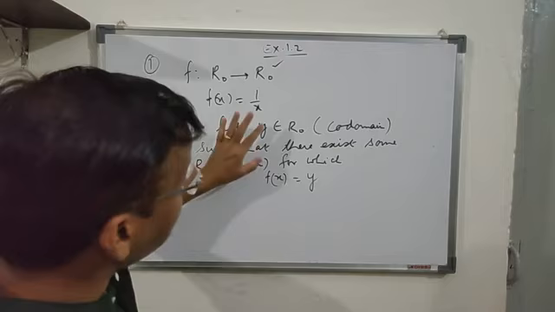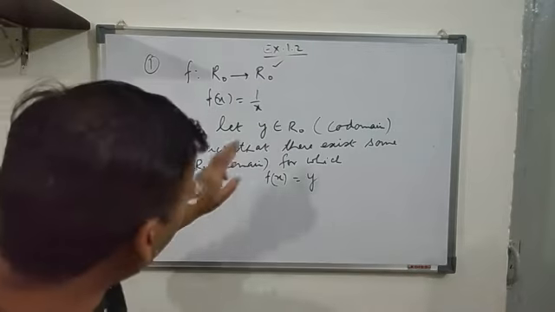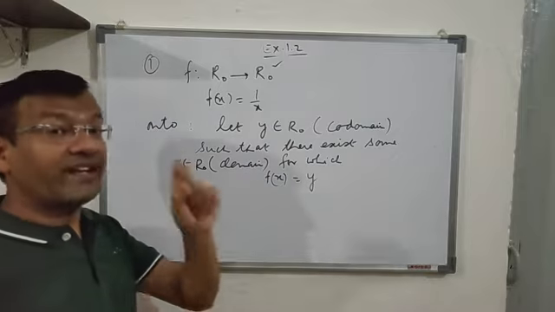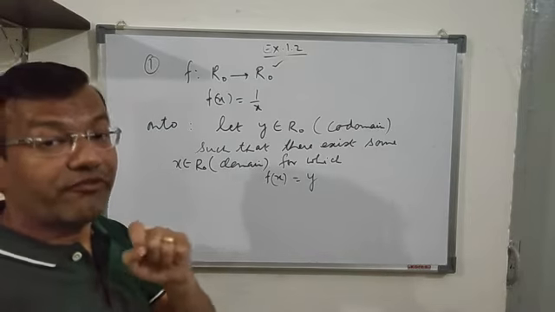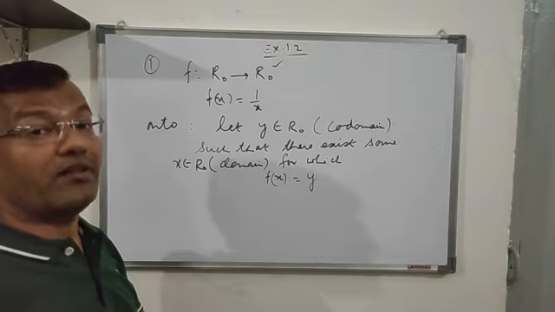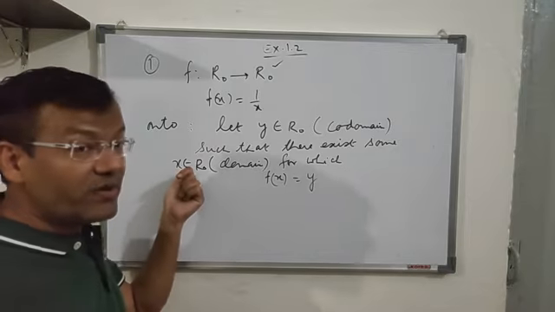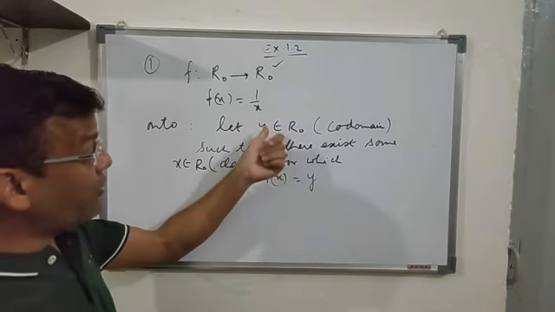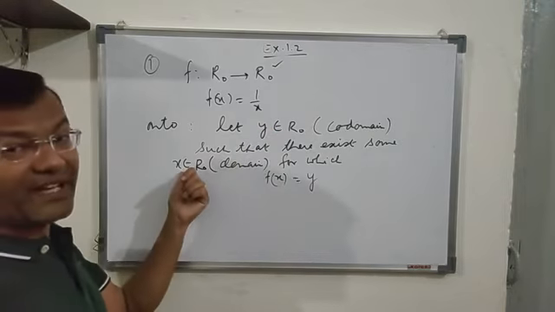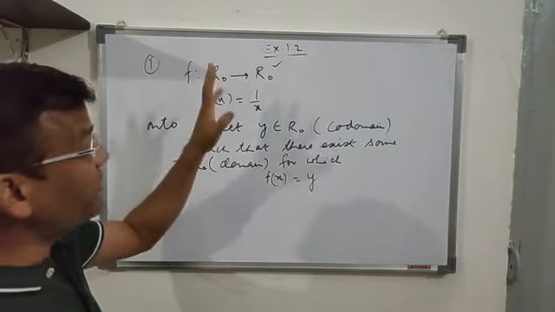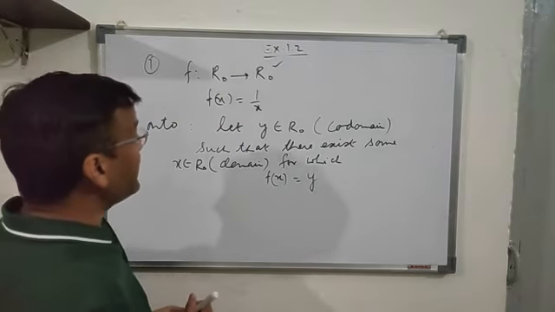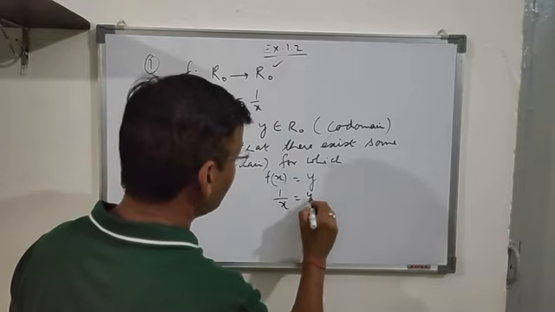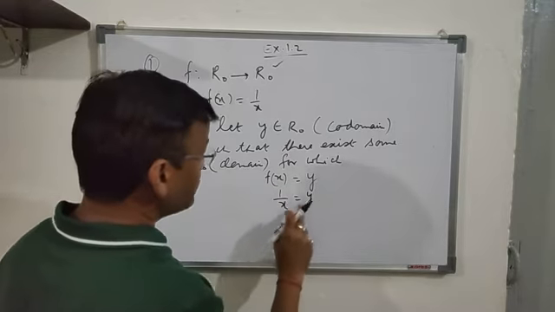Now this is a fixed element which is present, and this is an element which we have assumed. Whatever element we have assumed, whether it is present or not, we have to verify it. It's very important. Whatever element we are assuming in the domain, it should be there. That means for every element y, there has to be some pre-image. x has to be present in the domain. This has to be shown. So f(x) equals y. f(x) is written as 1 upon x, so 1 upon x equals y.